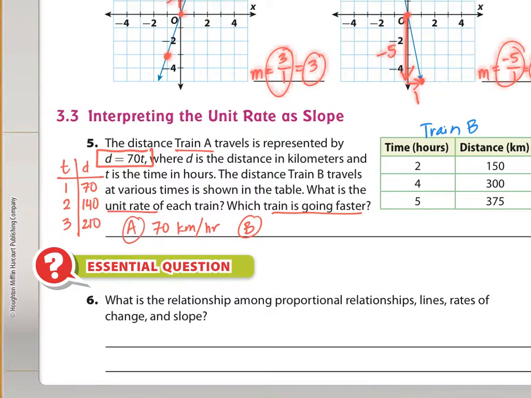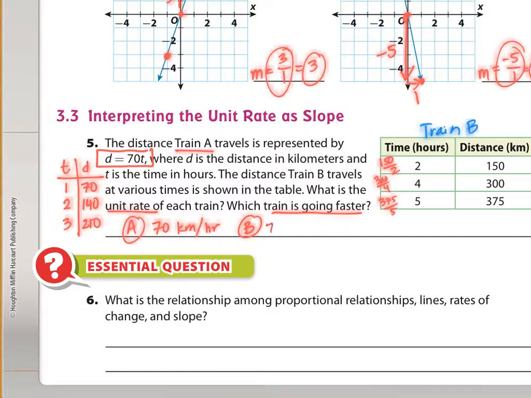I want to see if this will give me a proportional relationship, because if I do 150 divided by 2, and I did 300 divided by 4, or 375 divided by 5, you'll want to check all of them, and you won't see me doing it, but I'm going to be putting this into my calculator to see what I get for all of those. And it looks like I get 75 every single time. So 150 divided by 2 is 75. This gives me 75, and this gives me 75 if I use my calculator.